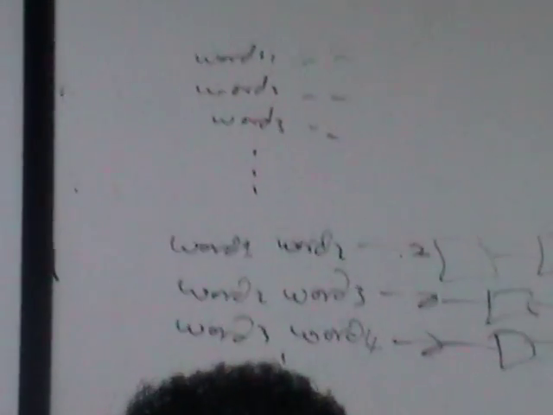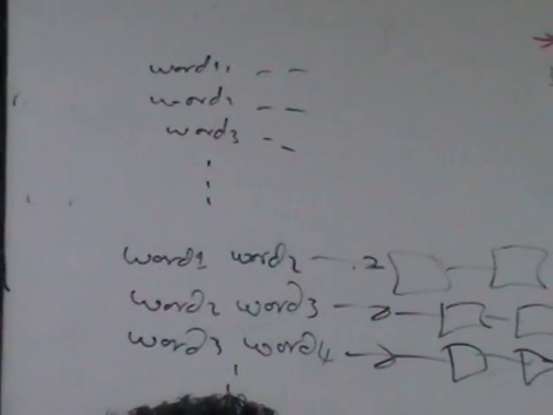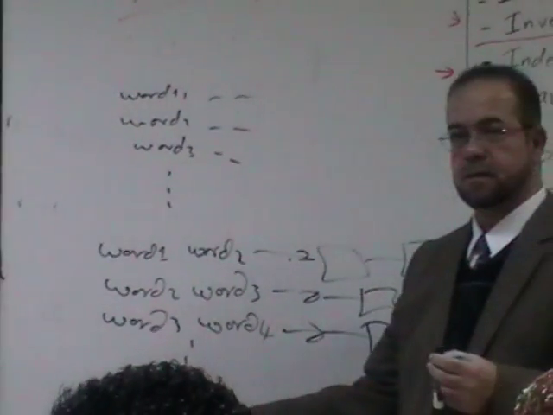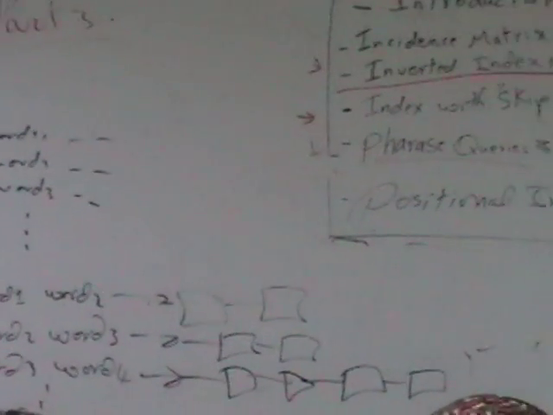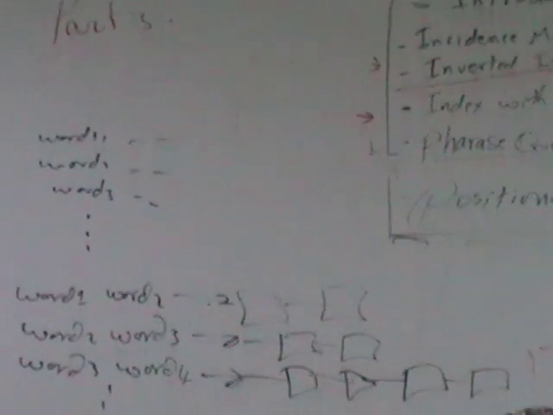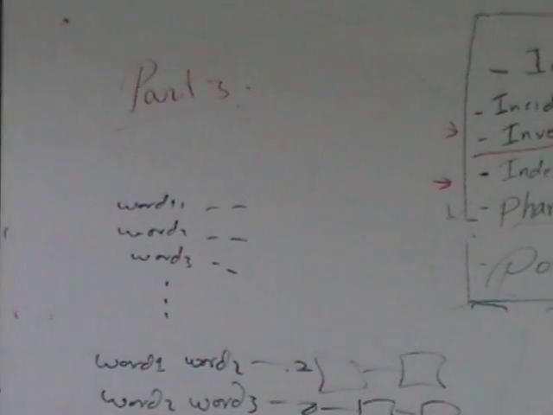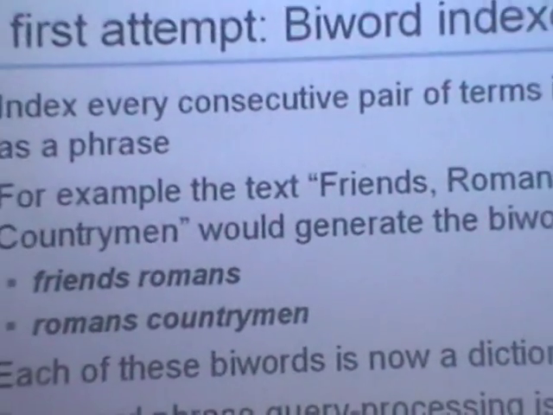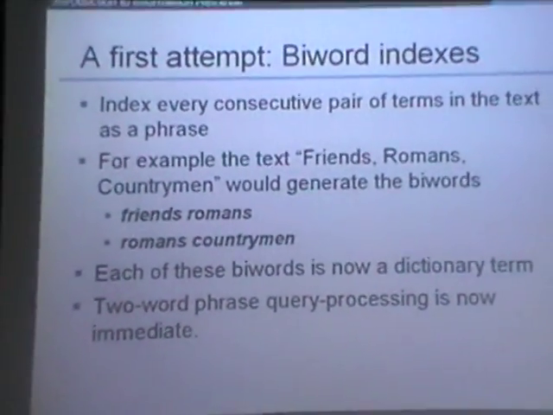So this is how we answer the queries of the user. If they are phrase queries, we look for the two words and we find the documents that contain the two words. Now there are problems with the biword index. Assume, for example, the user has 3 words in the query.